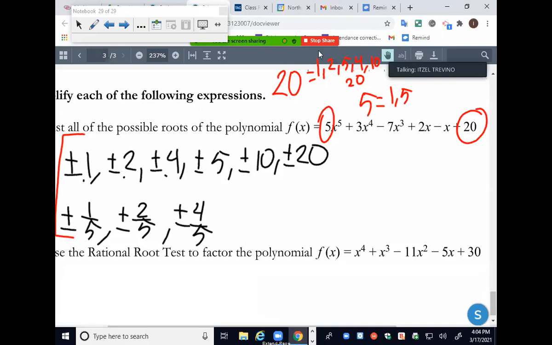Tomorrow or whenever you take your test, you have answer choices. So instead of making a list and plugging in 30 terms to find out which ones are true and which ones are not, just use what they give you for the multiple choice answers.